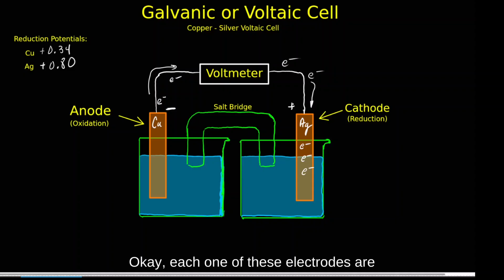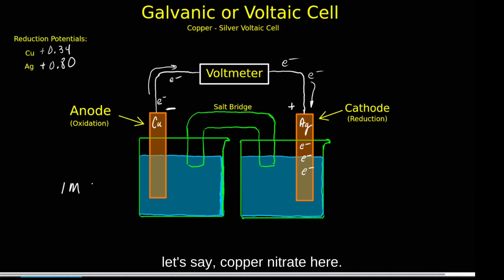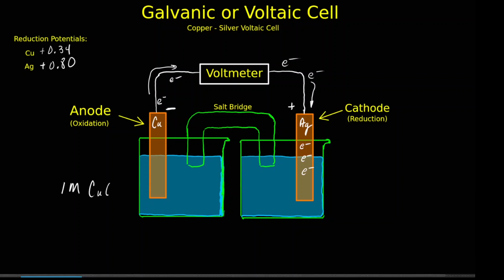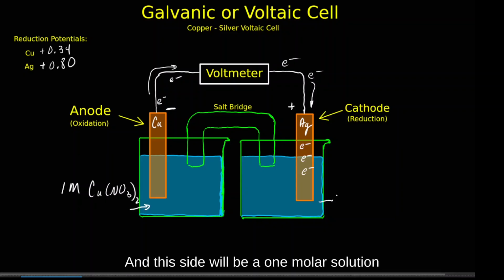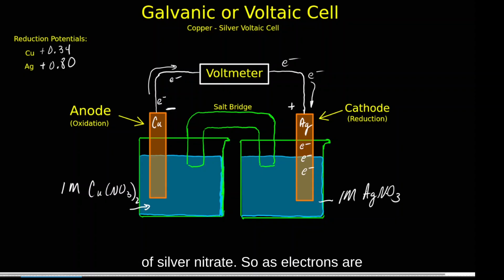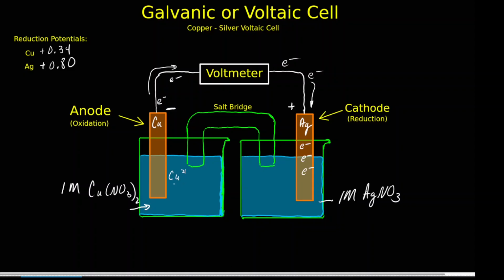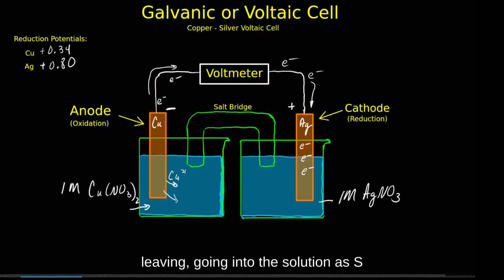Okay, each one of these electrodes is sitting in an electrolyte solution. So we'll say that we have a 1 molar solution of, let's say, copper nitrate here, and this side will be a 1 molar solution of silver nitrate. As electrons are leaving the copper and going toward the silver, we will have Cu2+ ions leaving, going into solution as ions.